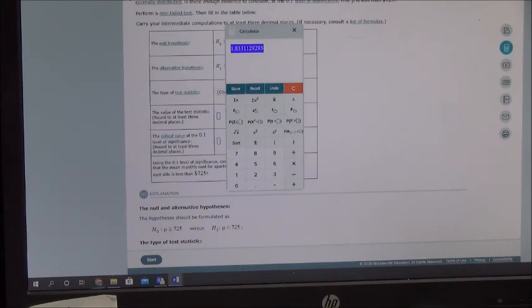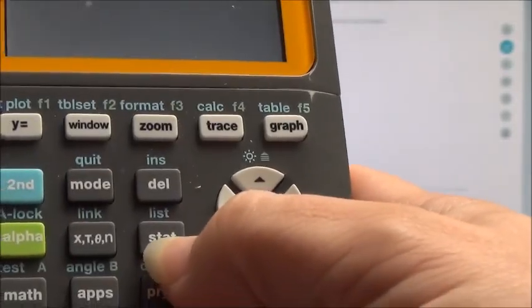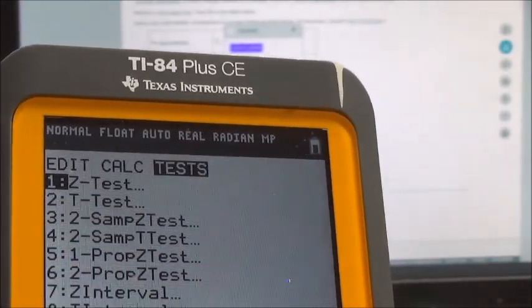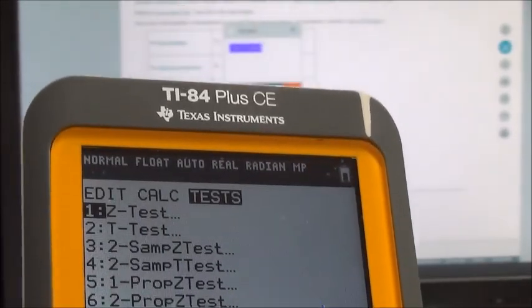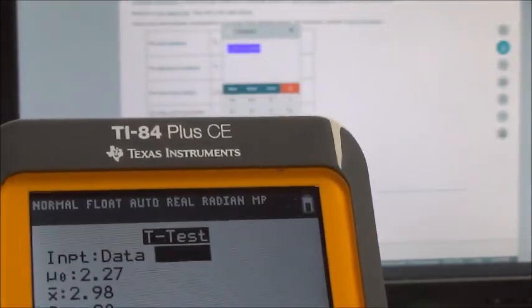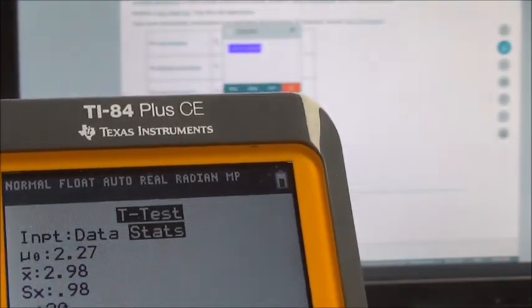So if we're going to use our graphing calculator to figure out that data, if we know the statistics, we're just going to hit the stat button. And when we do the stat button, we're going to do the tests. And we're doing a t-test in this case. And this time we're going to use the stats instead of using data that we typed in. So we're going to hit stats.